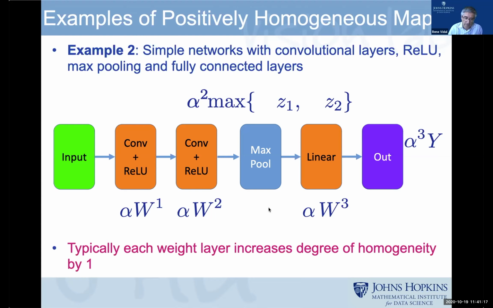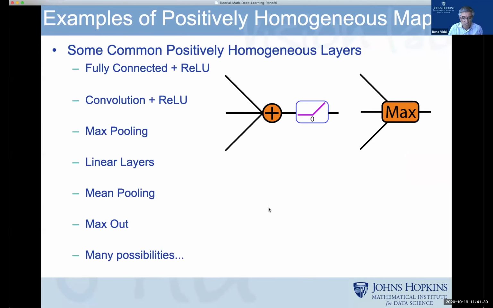So typically, every layer of a convolutional plus ReLU or max pooling will increase the degree of homogeneity by 1. And this property of positive homogeneity is actually true of many architectures: fully connected plus ReLU, convolutional ReLU, max pooling, linear layers, average pooling, maxout.